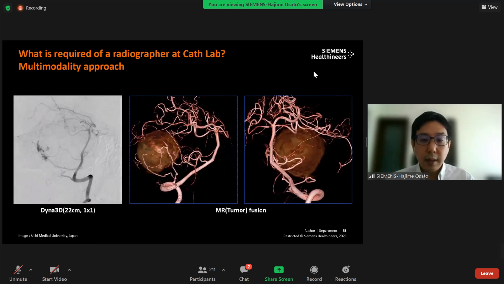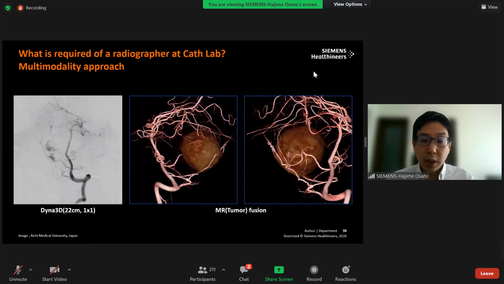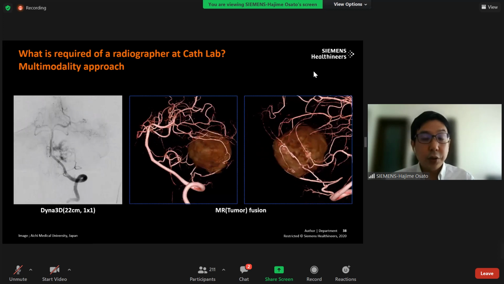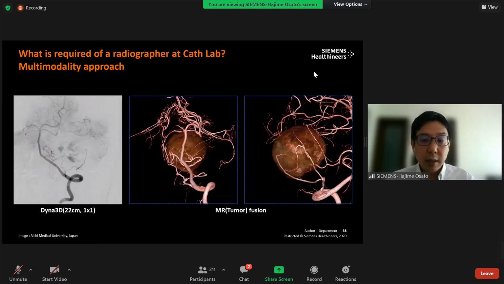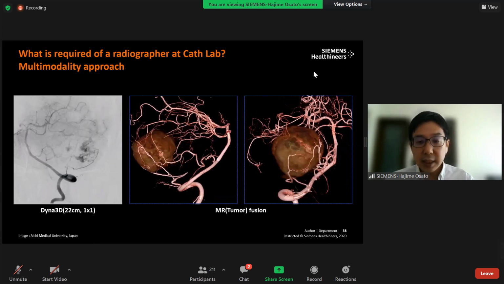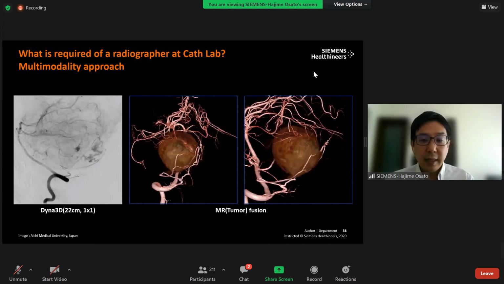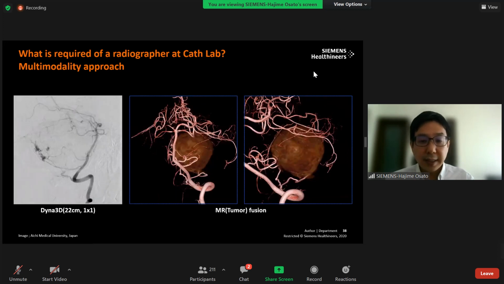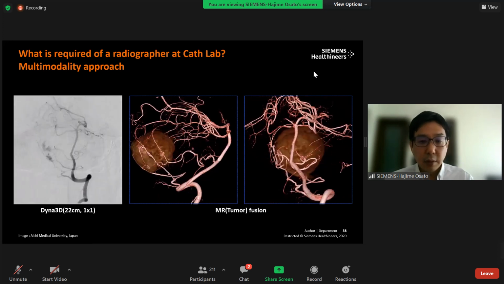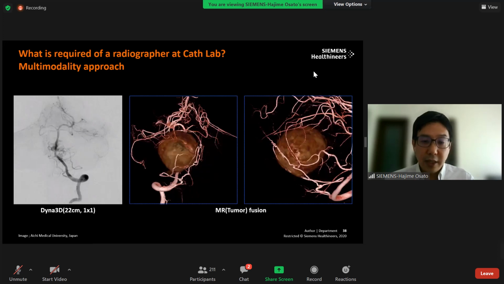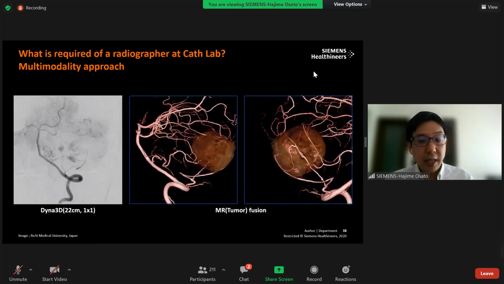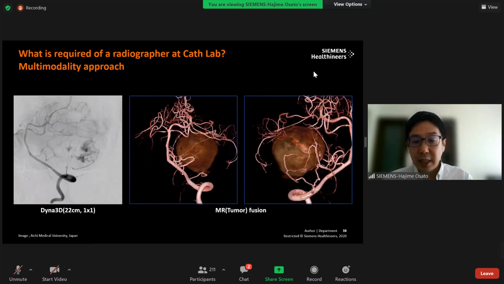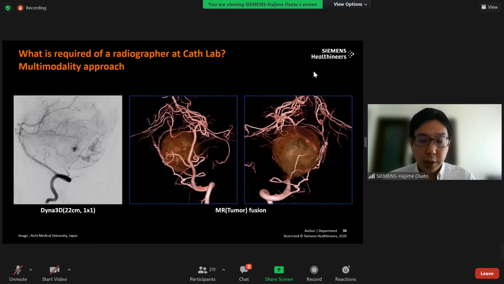Okay. Then we use a 3D fusion technique. It is used on volume data sets, and this application requires a landmark, which is the same structure like a bone. Okay. In this case, angio volume data and MRI volume data are fused by bony structure.